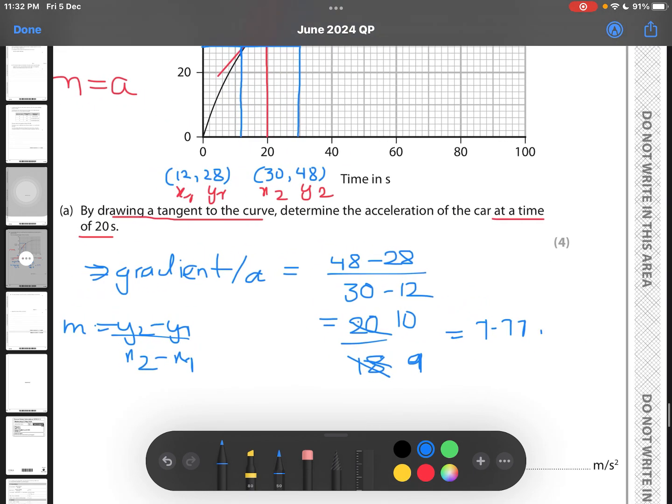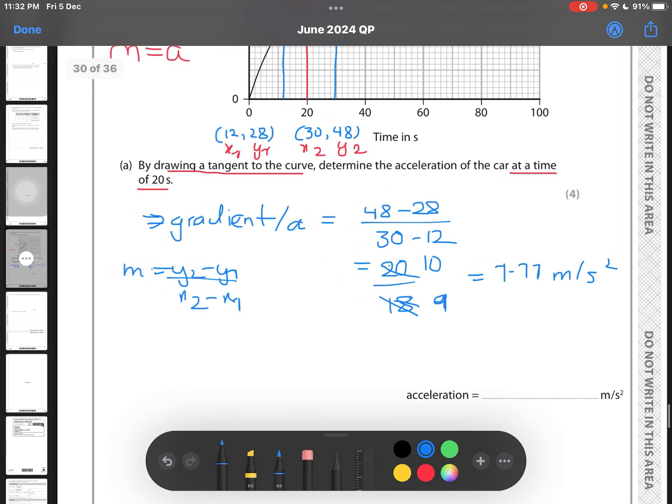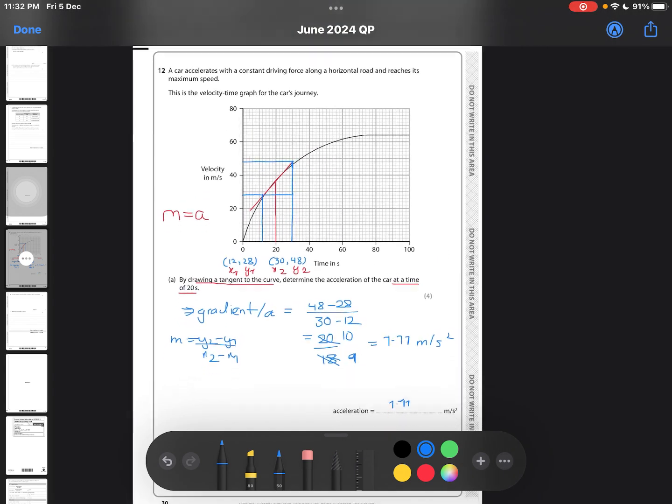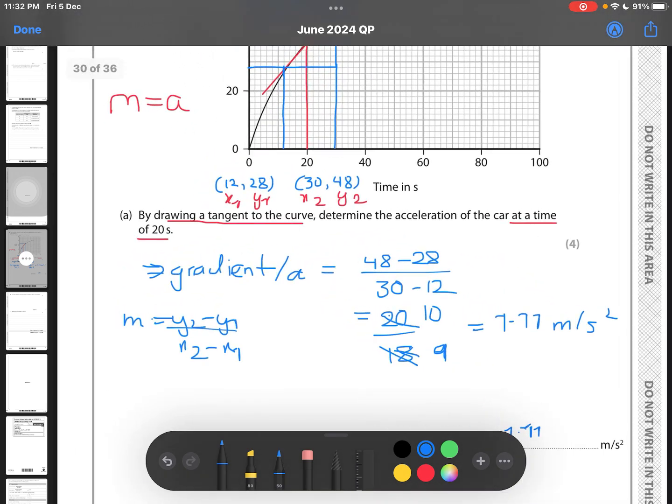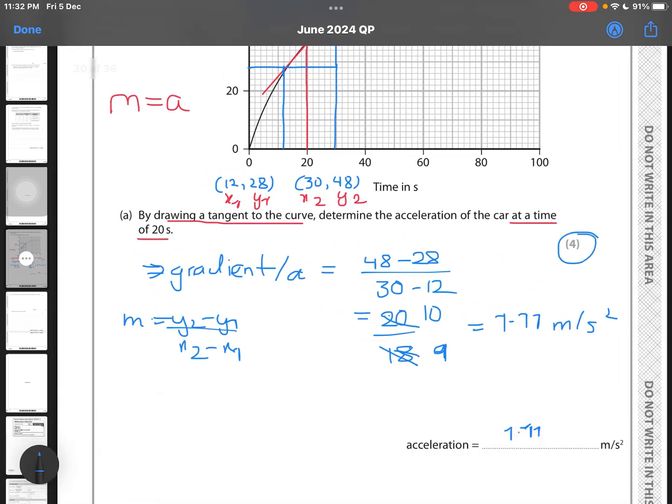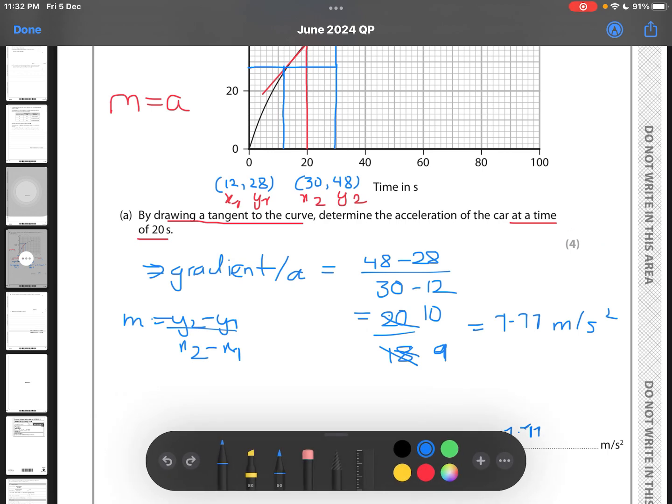Very important that we write meters per second squared. So that is the acceleration that we got. This was very simple, but it's an easy 4 marks, you can easily get it from here.